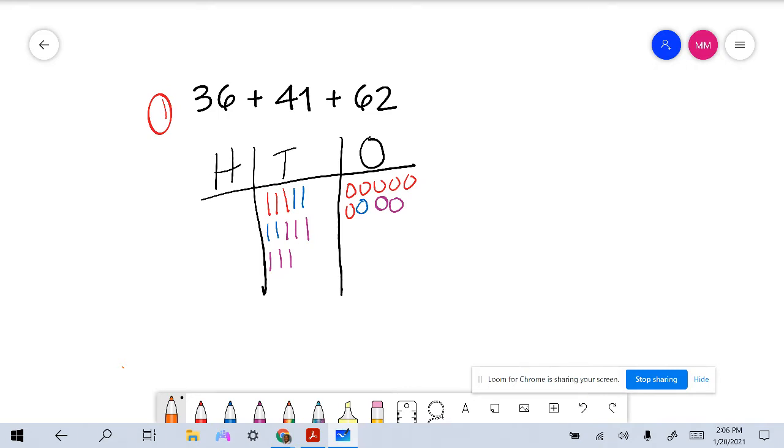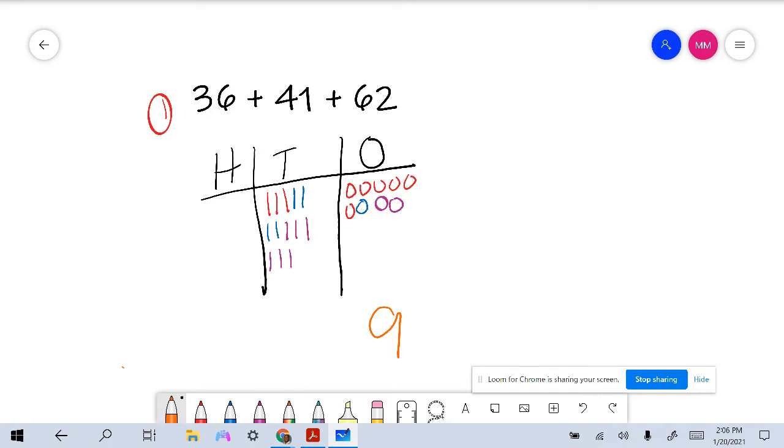I have 9 ones. And then it looks like I'm going to have more than 9 10s, because once I get to 10 10s, I need to regroup. So let's count. 10, 20, 30, 40, 50, 60, 70, 80, 90, 100.